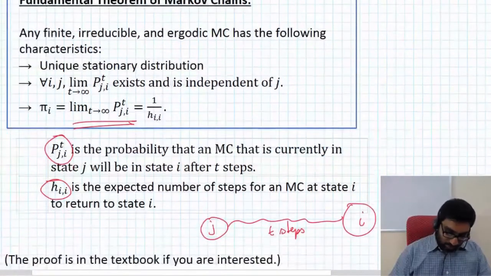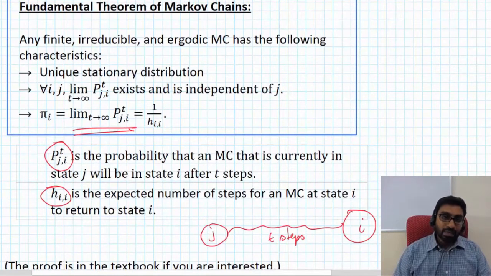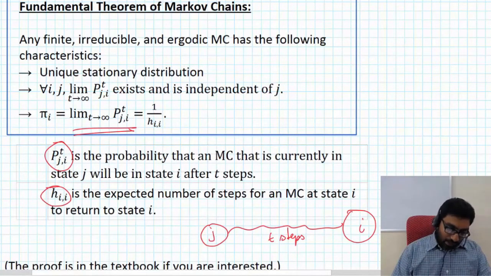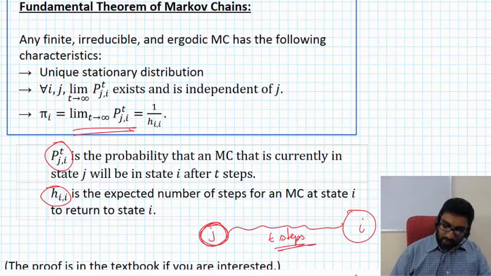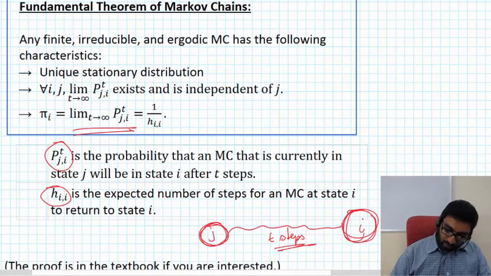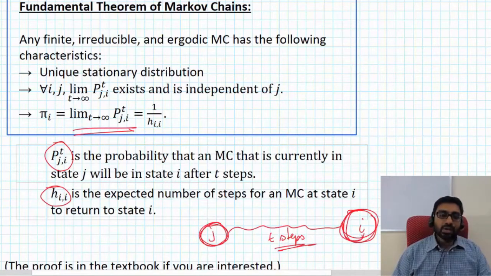Let's first remind ourselves what P subscript j comma i superscript t is. It's the probability that a Markov chain that is currently in state j will be in state i after t steps. So it's currently at state j, and after these t steps, the probability that the Markov chain will be in state i is this P j comma i superscript t.